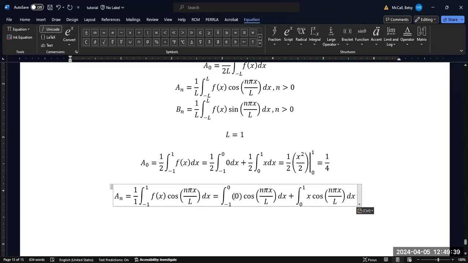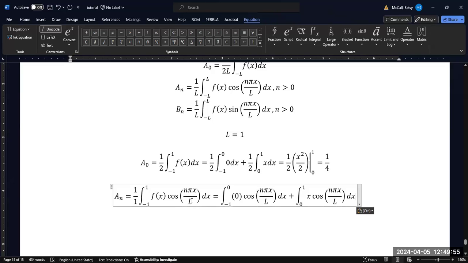And so obviously integrating 0, I'm going to get 0. So this is the only piece I have to worry about. This is not a symmetric interval, so I can't use any properties of even or odd functions. I just have to go ahead and integrate it.